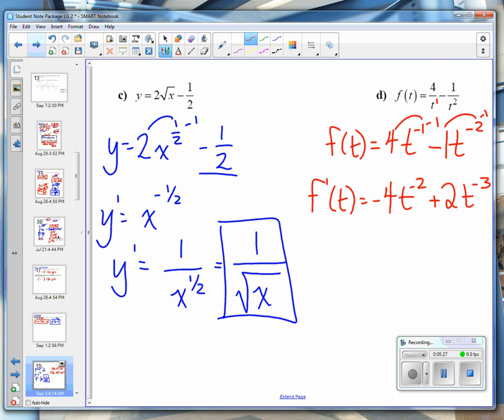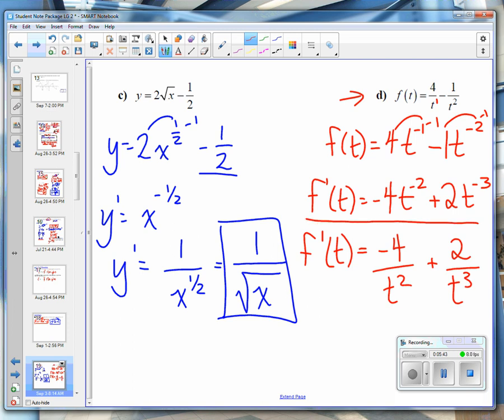Now this could be your final answer. Again, it won't be in a solution. So what you want to do is make it into the same kind of form as what your question is, so fraction. So I'm going to have negative 4 over t squared plus 2 over t cubed. All we're doing is just moving those negative exponents to the bottom.